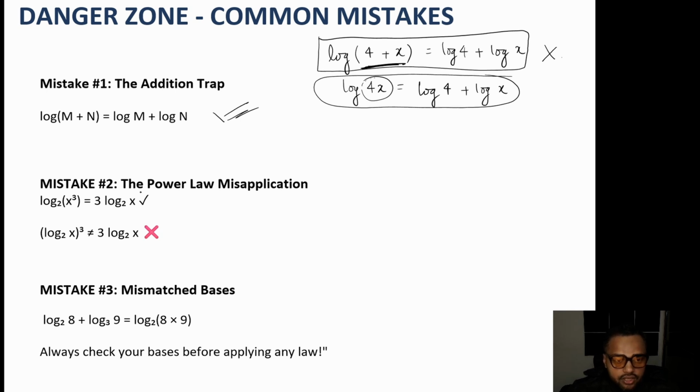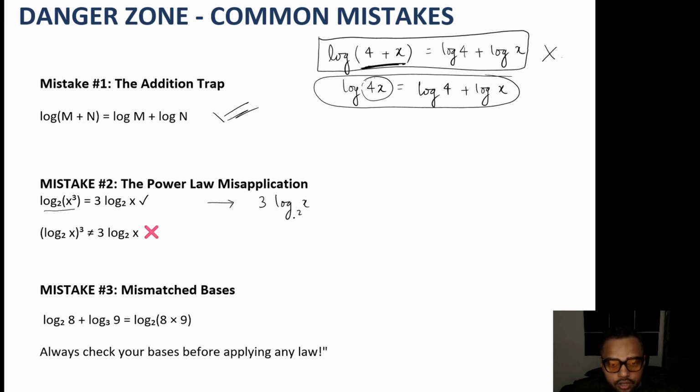Now, the second mistake which students make is the power law misapplication. That is, log of x cube base 2. Now obviously 3 will be coming out as a multiplier, so they have written 3 log x base 2.